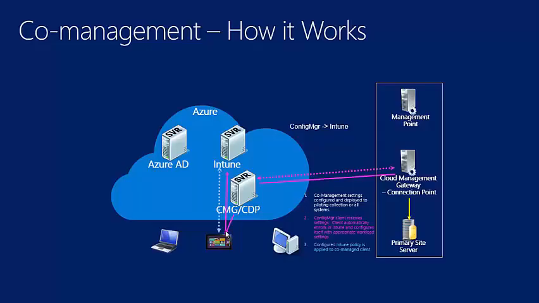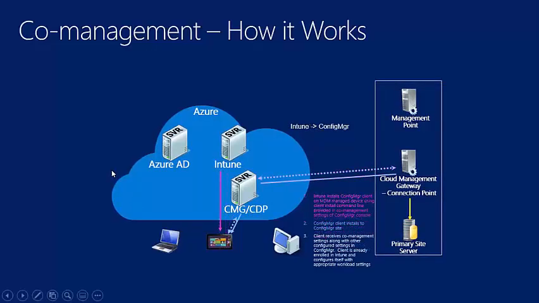It will then enroll itself into Intune, right? And then communicate back the fact that it's co-managed and all that's handled. Step number 3, configured Intune policy is applied to the managed device, right? And so now this device is co-managed.